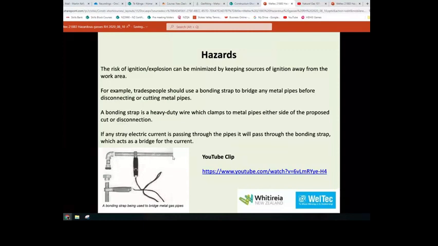If there's an electrical fault within that system, it may not blow a fuse, and it may actually have a current running to earth. If you break that current by cutting the pipe or disconnecting it, you become part of the circuit, and usually that's across your chest, which may stop your heart, might lock you onto the pipe as your muscles tensen up, and you might just get electrocuted.